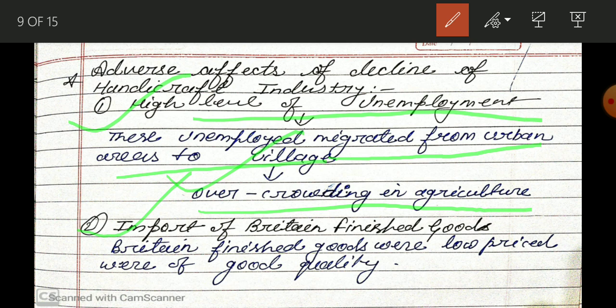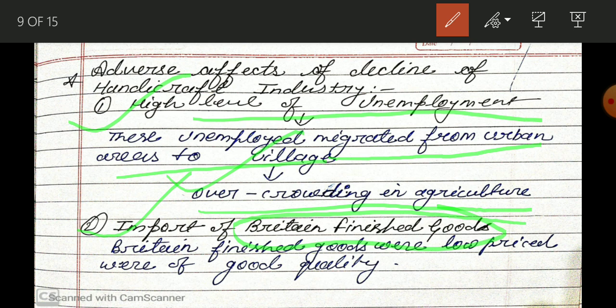Slowly and gradually, Indian handicraft industry and its products lost their market in India as well as outside. So overall, Indian people started to purchase British finished goods. There are two impacts of systematic deindustrialization.